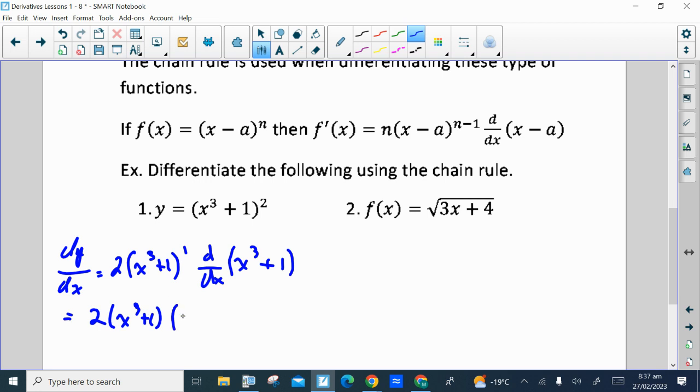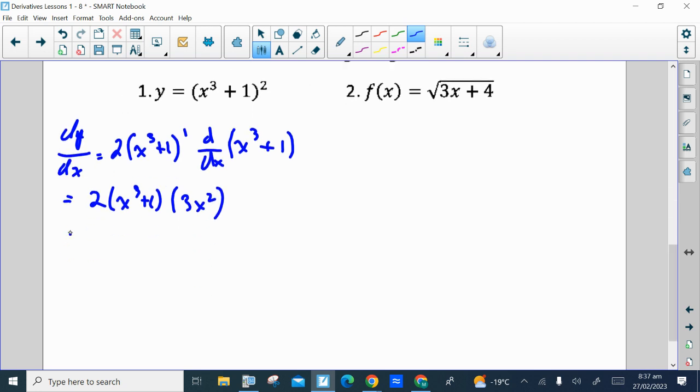And the derivative of x cubed plus 1 is 3x squared. And then I multiply the 2 and the 3x squared together to get 6x squared, bracket x cubed plus 1. So you can leave it in factored form, which is what this is. You could multiply it out as well, doesn't matter. But there's our derivative.